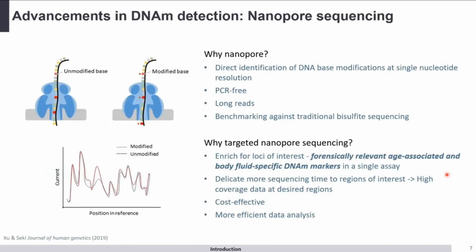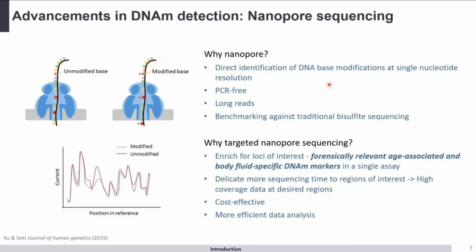To overcome traditional challenges in DNA methylation detection, nanopore sequencing emerges not merely as an alternative, but as the preferred choice. Nanopore sequencing enables the direct detection of DNA base modifications with single nucleotide resolution. Its PCR-free nature eliminates the biases and artifacts typically associated with PCR.